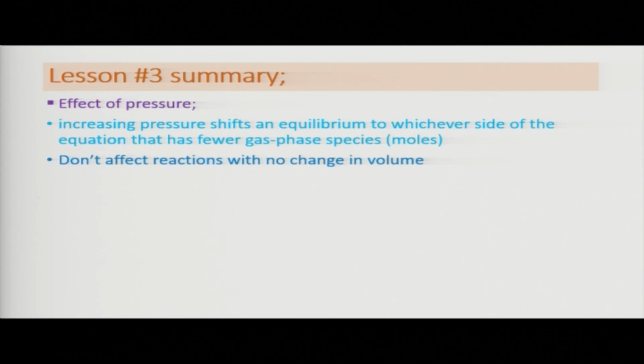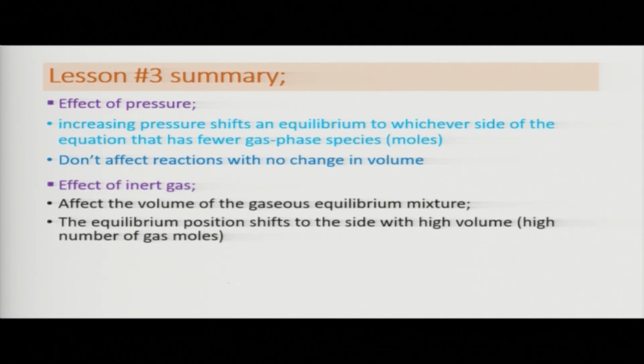And if there is no change in volume, then the pressure will have no effect. Secondly, inert gas. They only affect the volume of the equilibrium composition, and so they shift the equilibrium to the side with higher volume. Of course, that is to accommodate the added gas molecules.